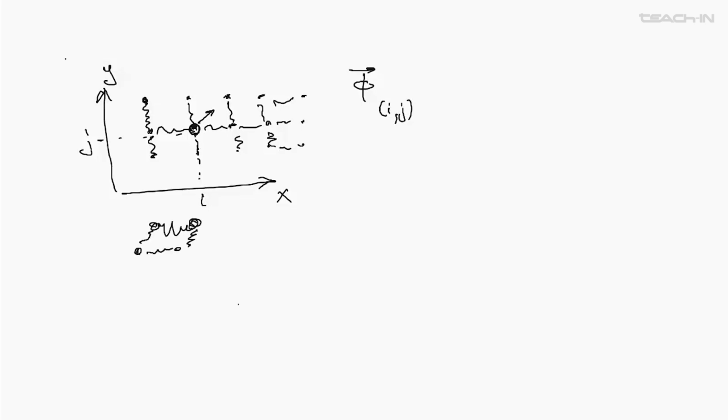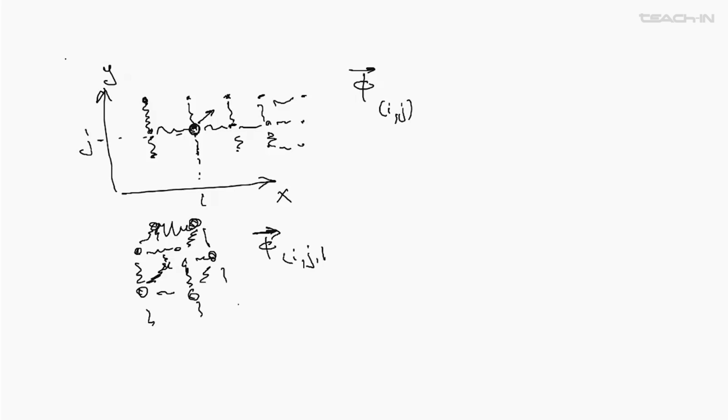And therefore, now we will be studying the fluctuation field, the displacement field, which is a 3-dimensional vector, depending on the coordinates i, j, k, specifying the position of a particle in the equilibrium.